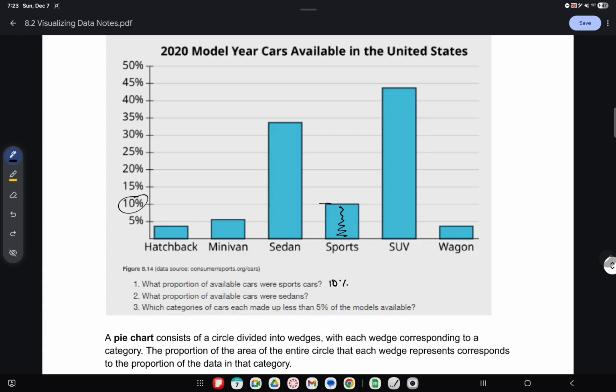What proportion of available cars were sedans? It's between 30 and 35, closer to 35, so let's say 34. Which category of cars made up less than 5% of the models? Here's 5%. Less than would be hatchback and wagon.